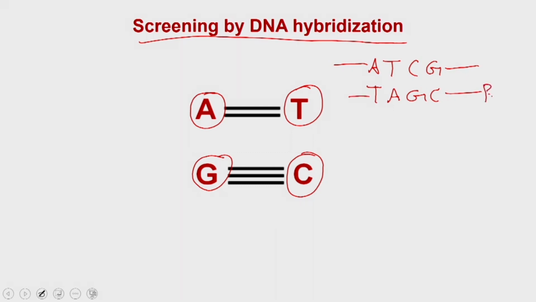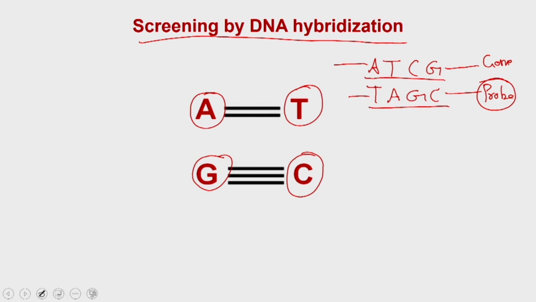This is called the probe, the molecule which you are going to use to screen the gene, and this is the gene sequence, and you can use this particular probe to screen this gene within the clone.